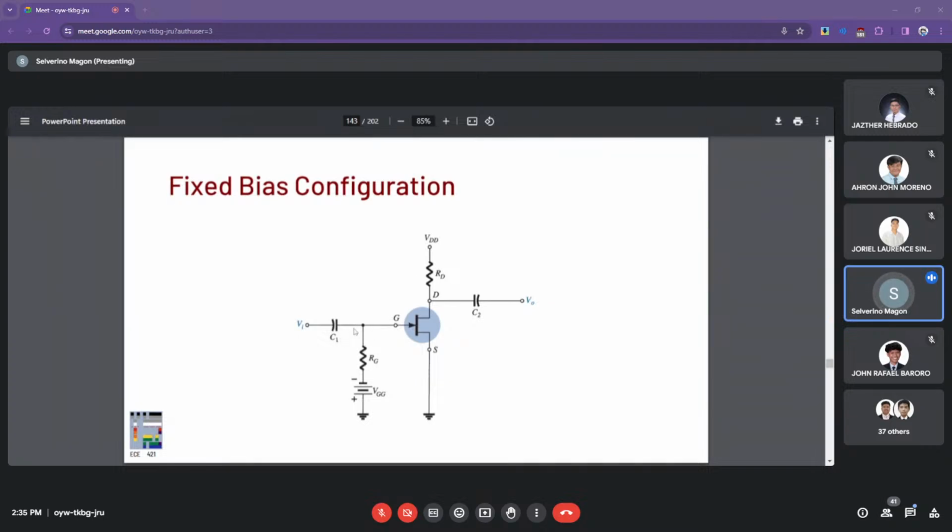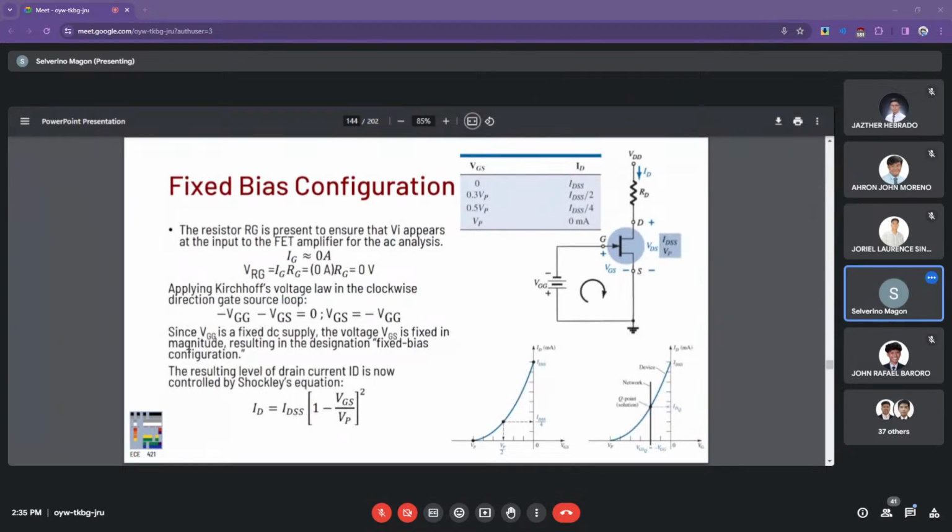So this is the key difference between the FET and its BJT counterpart. Going back to the properties, the gate current is zero in all cases of FETs.